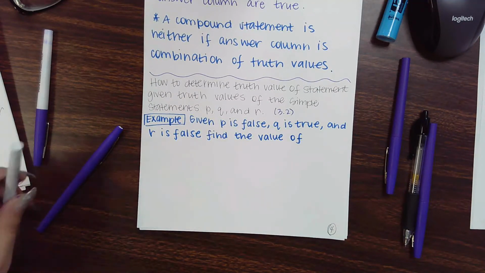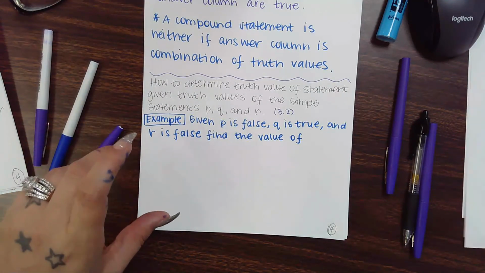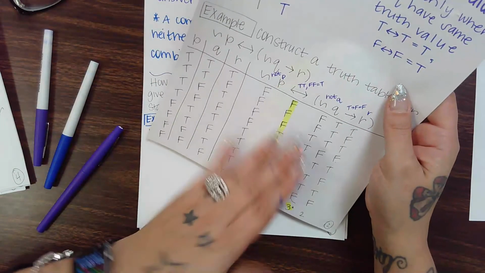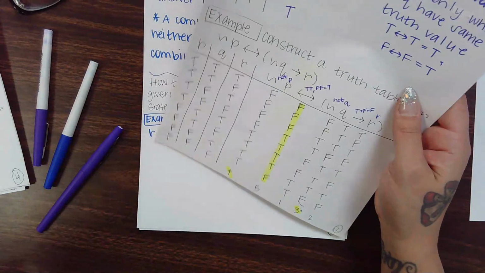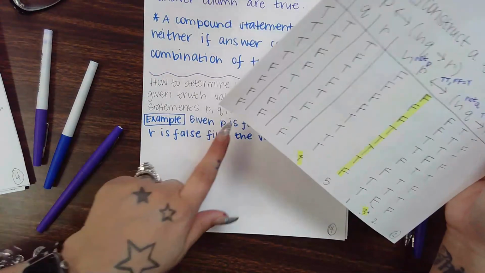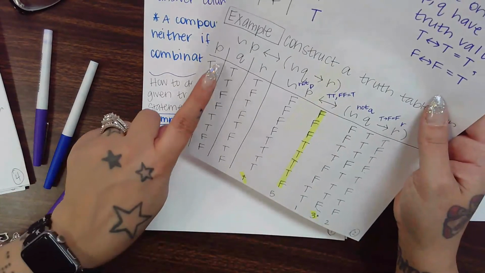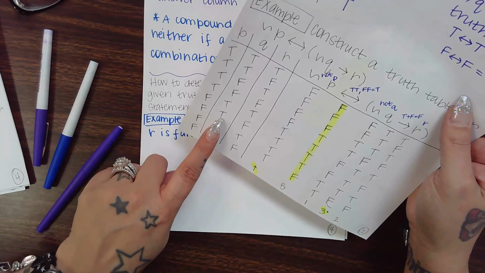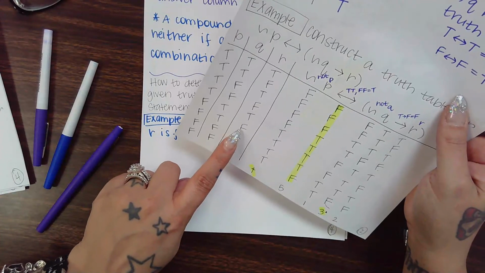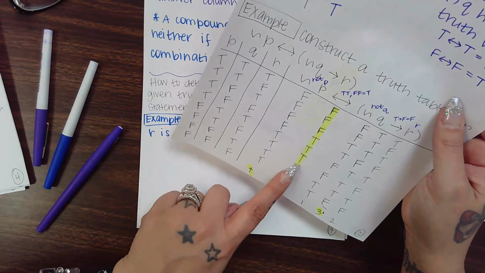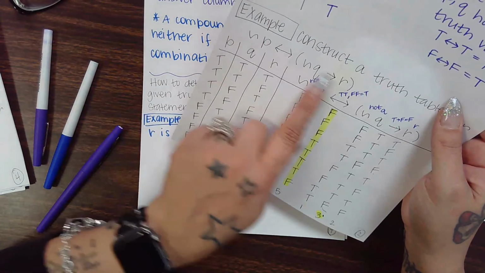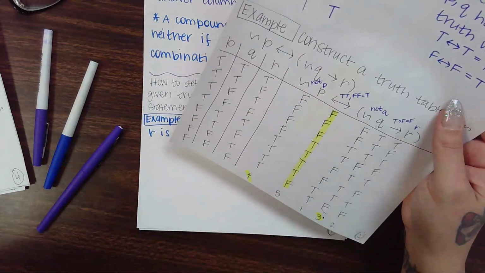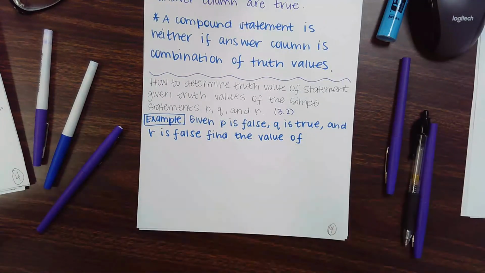So this is false, true, false. It's saying don't set up this whole table, right? If you did set it up and you want to do all the work, more power to you. I would love that, but you don't have to. Okay, false, true, false. Where's false, true, false? Here is false, true, false. So that's case 6, right? The answer to this, if this was the statement that they gave me, would be true. But instead of setting it all up, you can do it just working on each individual little chunk, okay?